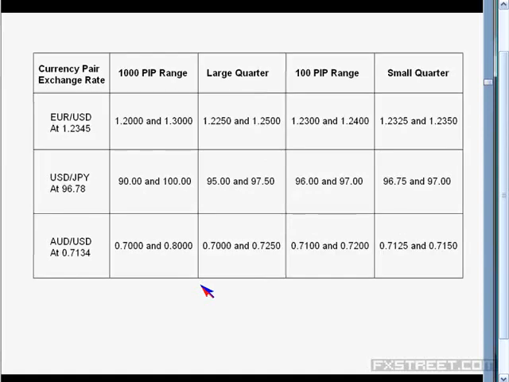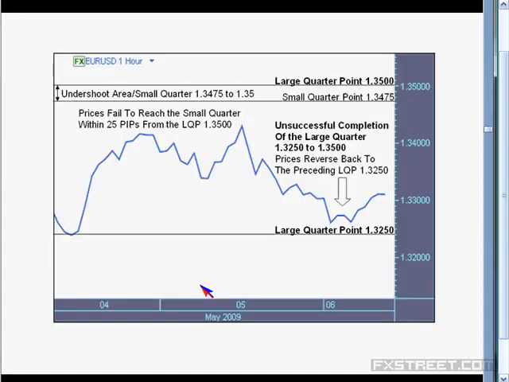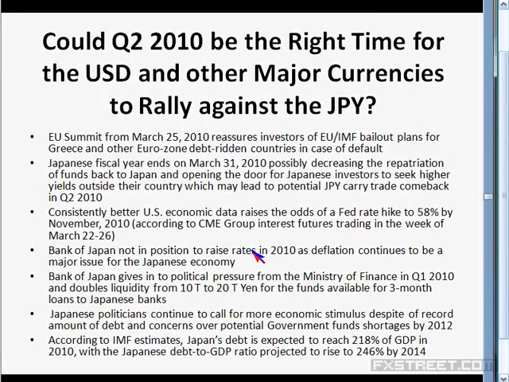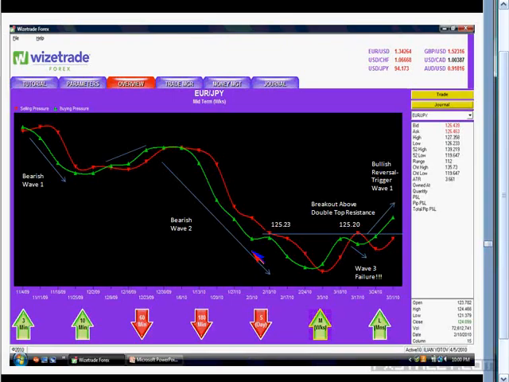Now, this is an example that I also gave you as far as completion of large quarters. If you recall, we were discussing large quarter completion and what it takes to complete a large quarter.